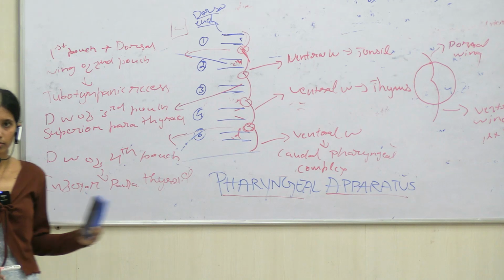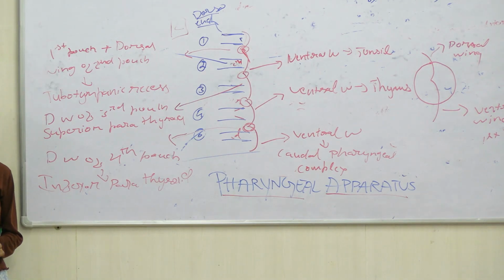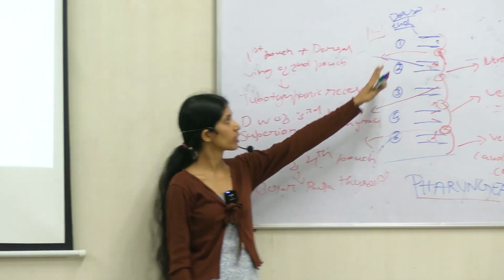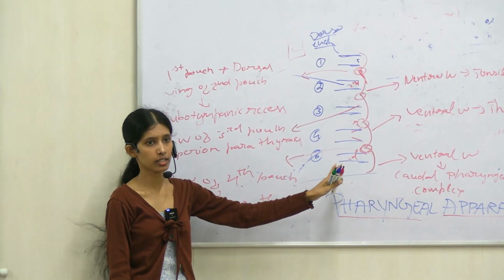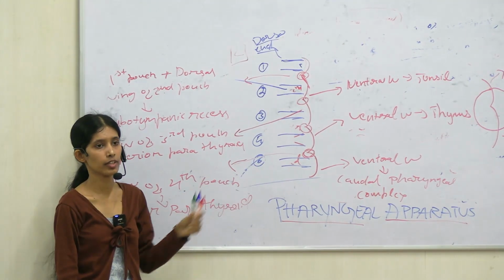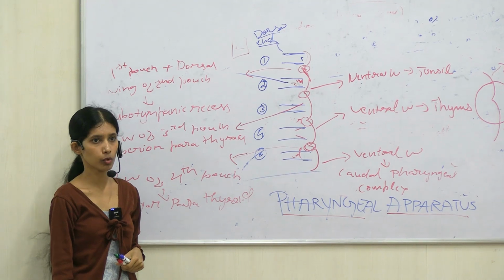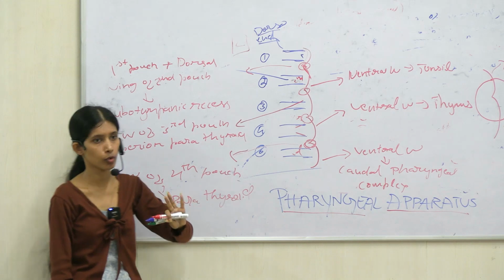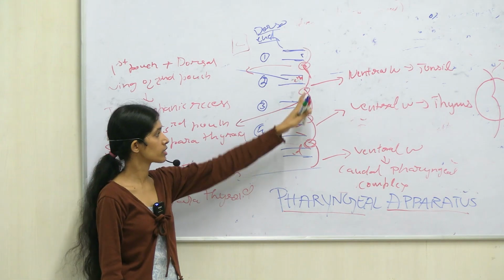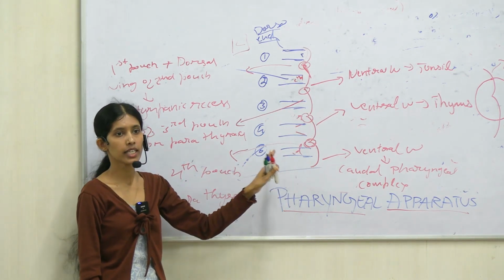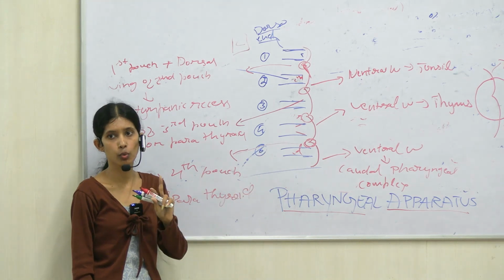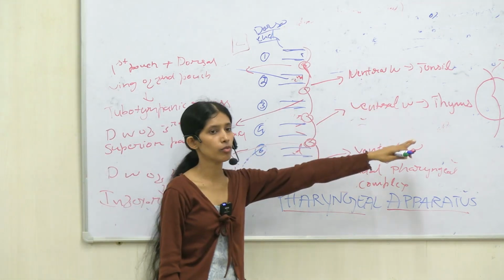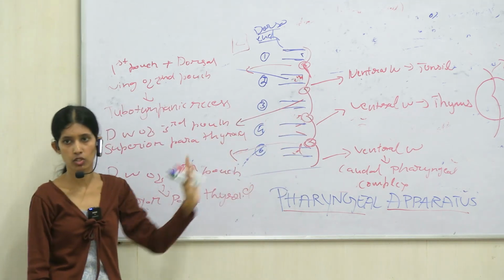Any doubts? We have only the dorsal end left to discuss about the derivatives of your endoderm. We have an important structure called endodermal pouch. They are 4 in number. We name it as first, second, third and fourth. Each pharyngeal pouch has 2 wings, dorsal wing and ventral wing, except the first one.